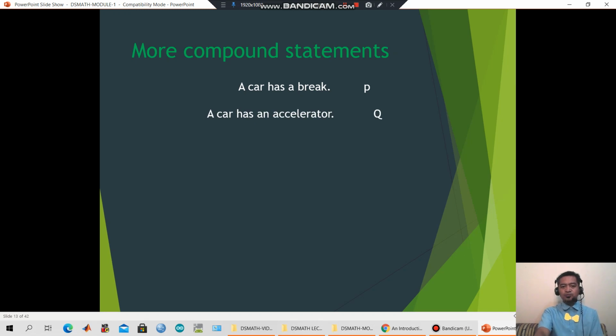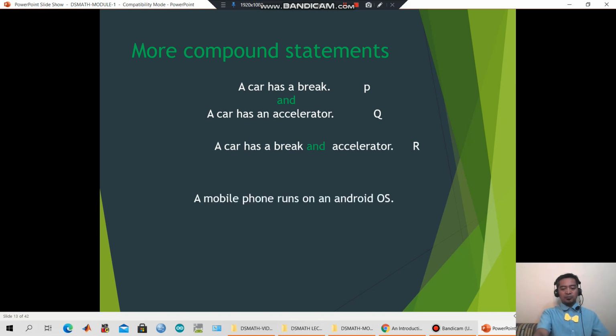And Q statement is a car has an accelerator. Okay, of course, pag may kotse, syempre kailangan merong brake. At of course, gusto ko minsan bibilis yung takbo, kailangan ko ng accelerator. So both kailangan ko. So therefore, AND connector tayo. Therefore, formulate natin, a car has a brake and accelerator.